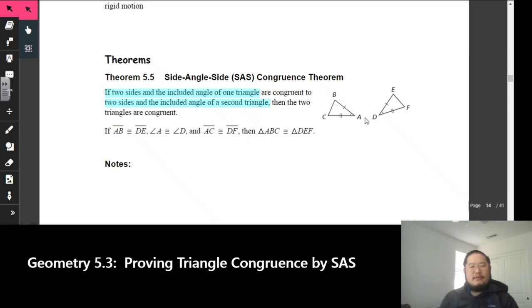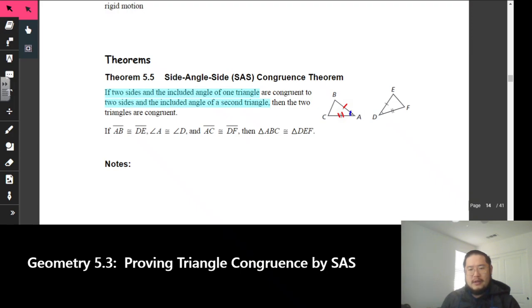It shows that we have two congruent sides. That's great and important. However, what's even more critical is that it has to be two sides and then the included angle.